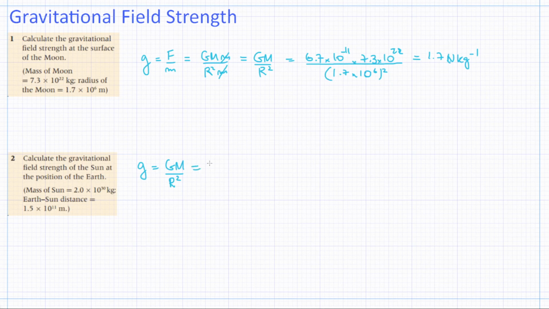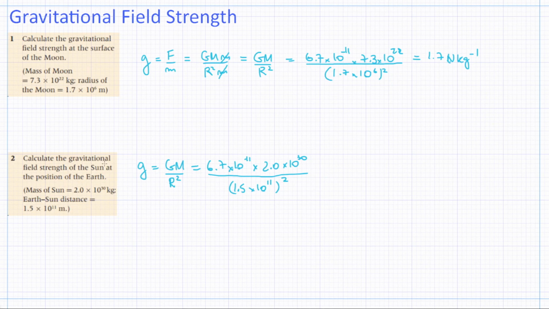So the constant 6.7 times 10 to the negative 11, times the mass 2.0 times 10 to the power 30 kilograms. Everything is in SI units. All of this divided by r squared, which is 1.5 times 10 to the power of 11 squared meters squared.